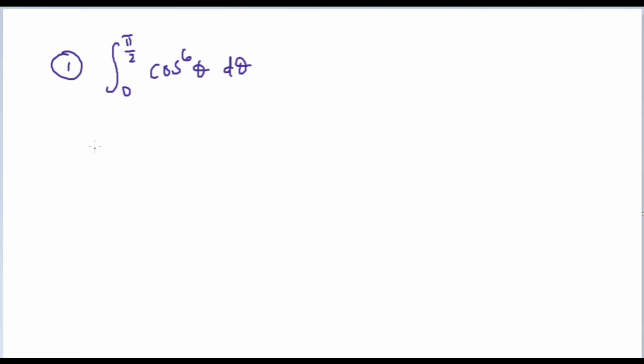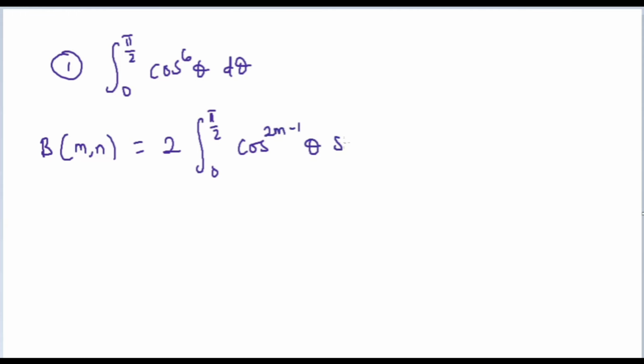All right, so now we know that a beta function B(m, n), which can also be B(n, m), is equal, in polar form, to 2 times the integral from 0 to pi over 2 of cos to the power of 2m minus 1 theta, sine to the power of 2n minus 1 theta d theta.